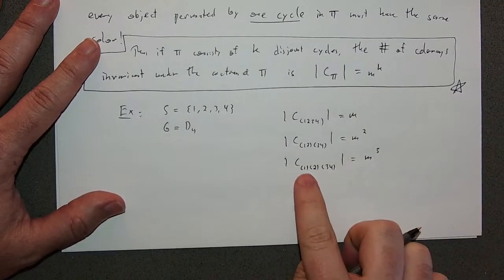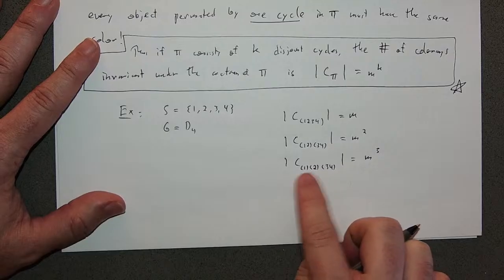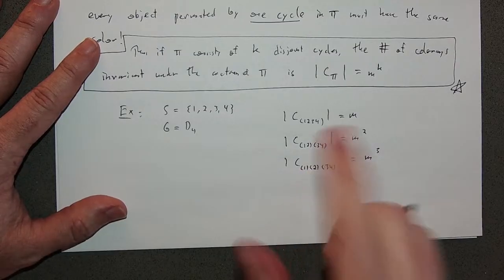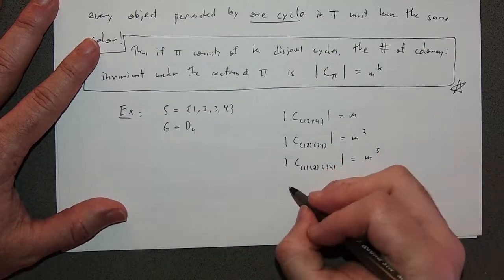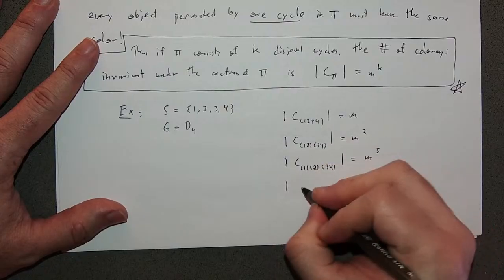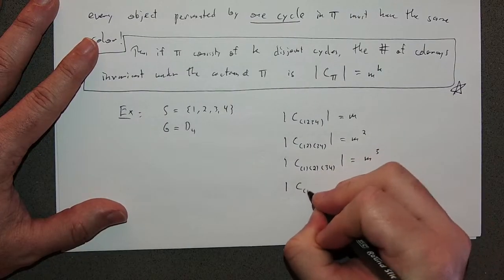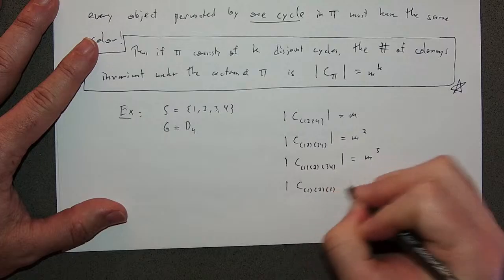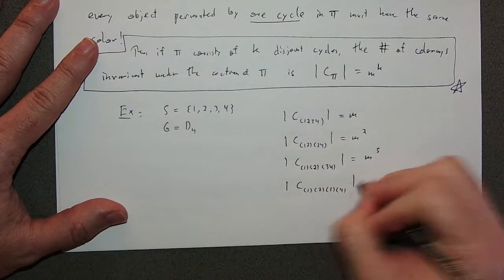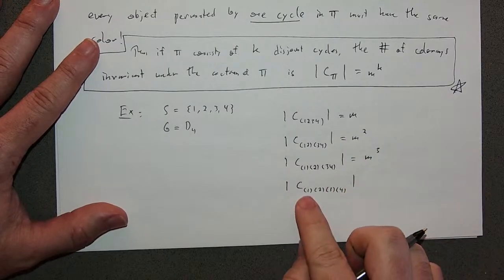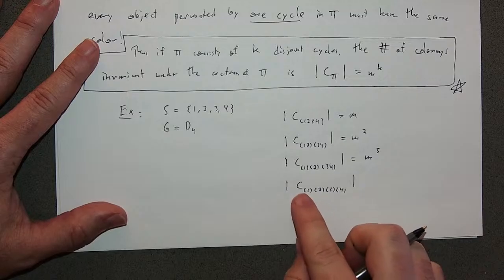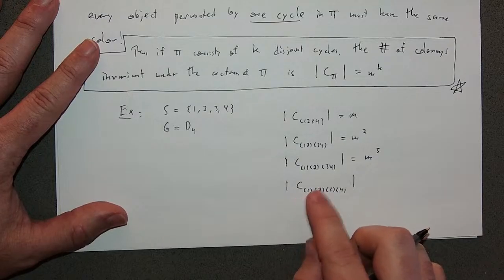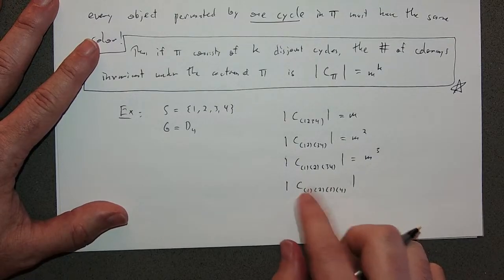Again, notice that normally we suppress 1 cycles, but here we can't. We have to actually list them out. And then, of course, for the identity transformation, yes, I know normally we write it as C to the first, or C sub 1 with parentheses, just our usual notation for the identity.